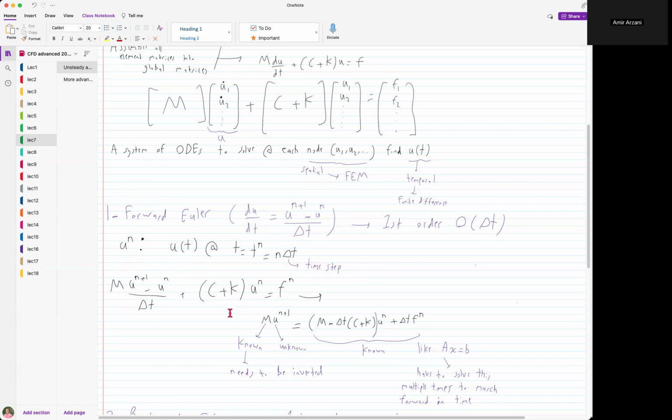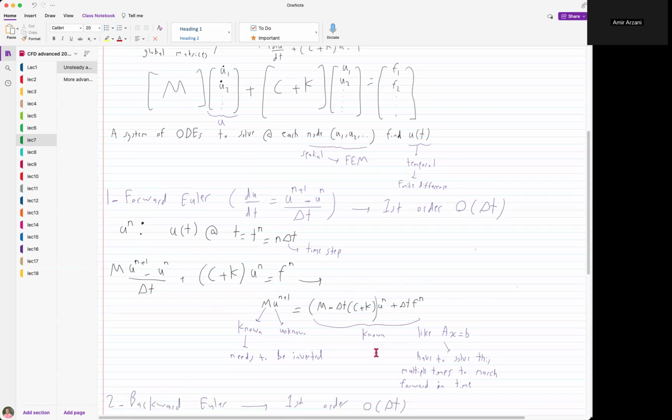Okay, so you take this equation and then you want to solve for U superscript n plus 1 because that's your unknown. You know the previous time step. You start from the initial condition and you march forward in time. So U superscript n plus 1 is unknown. M is a known mass matrix which you've assembled, and then this part also contains all the known parts.